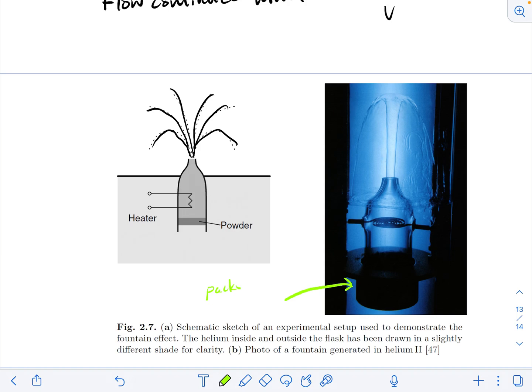And here is their heater. This is the level of the superfluid that's outside this little beaker that's been submerged in. And then, of course, you can see the fountain spraying out the top.